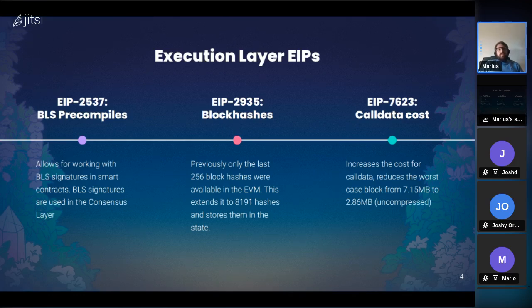Then we have EIP 2935, the block hashes. If you think about Ethereum, if you think about the execution layer, you can think about it as a state transition function. Like you have a pre-state, and then you have a transaction, and this transaction gets applied, and then you have a post-state.